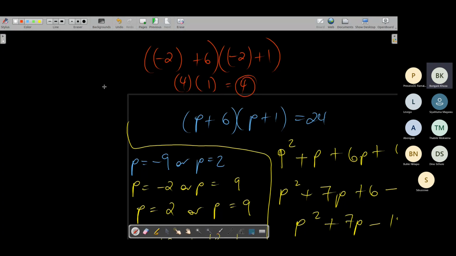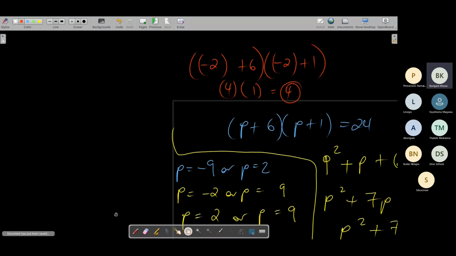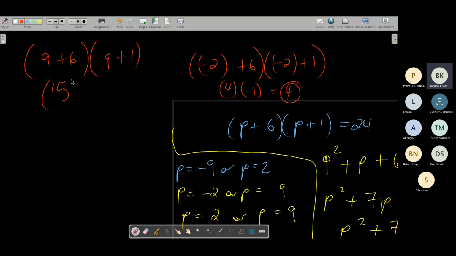If I'm going to use +9, I'm going to have 9 plus 6, 9 plus 1. So this is just going to be 15 times 10, which would be 150. That 150 is not 24. So this one is out.